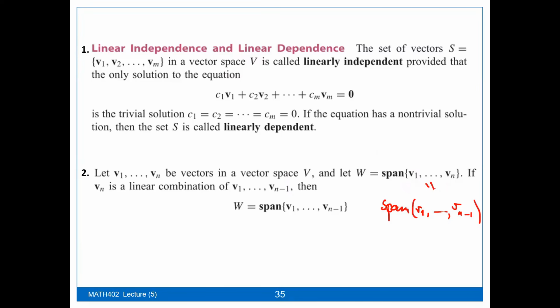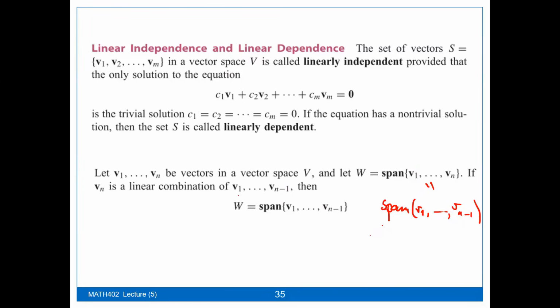Because Vn adds nothing, since I can already write it in terms of V1 to Vn minus 1. Understood? So the set is spanned really by n minus 1 vectors, not by n vectors.